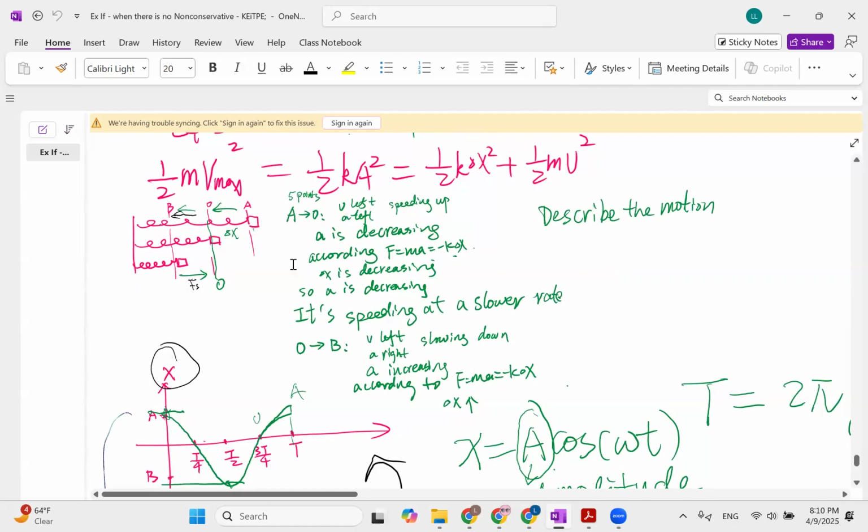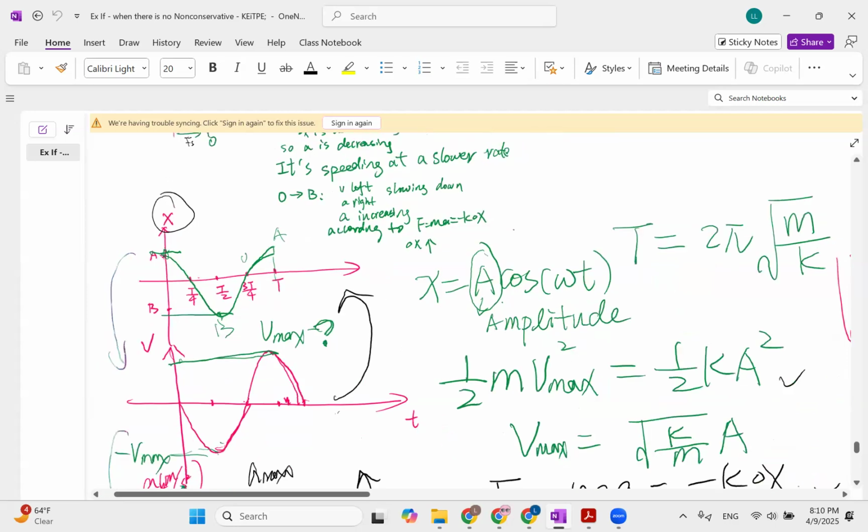And over here, it's describing the motion when you go from A to O, O to B, B to O, and O back to A. So you all know that when you go from A to O, that's 1/4 of the period, 1/4 of one revolution, right?